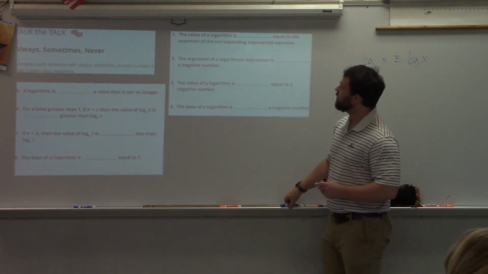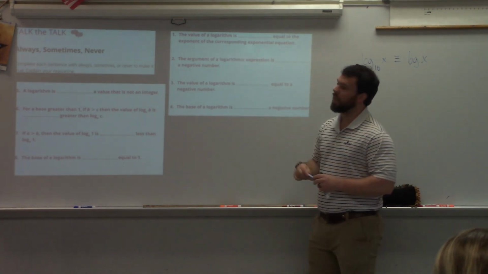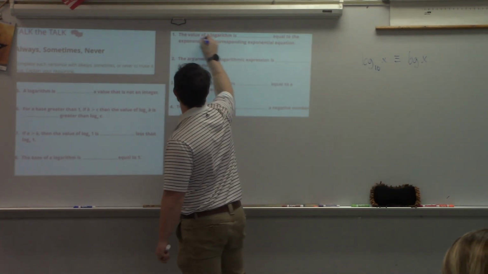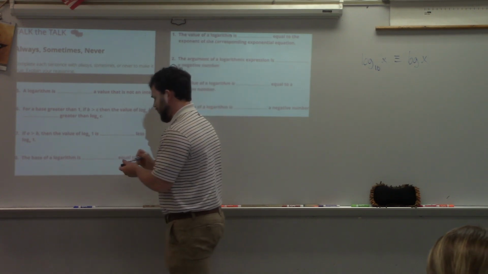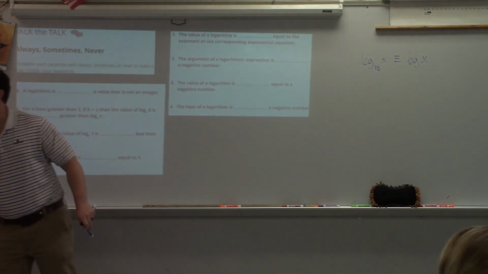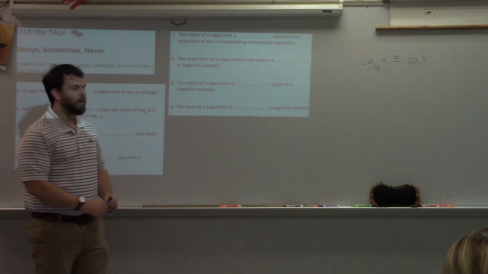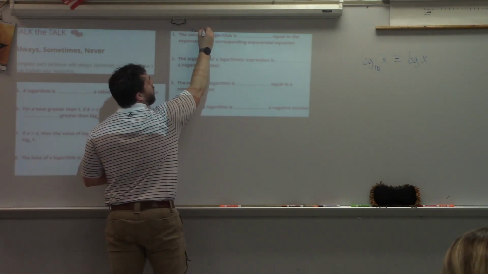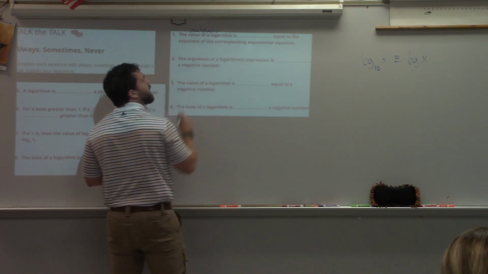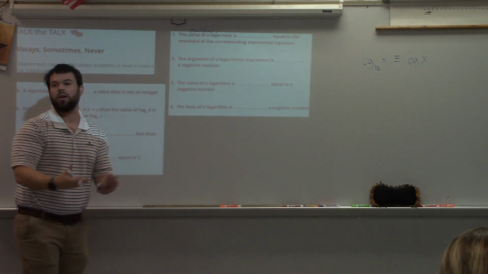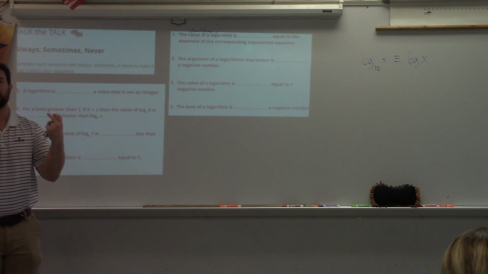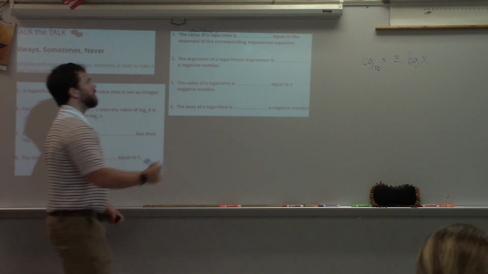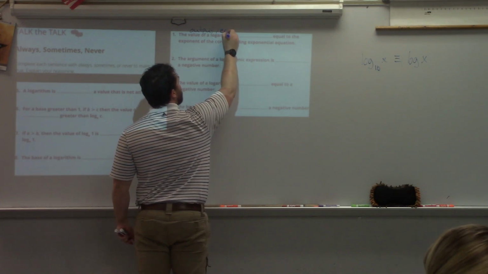The value of a logarithm, that means the output. What is the output of a logarithm always? The value is my output, or if I evaluate a logarithm, it is equal to an exponent. So the output or the exponent.